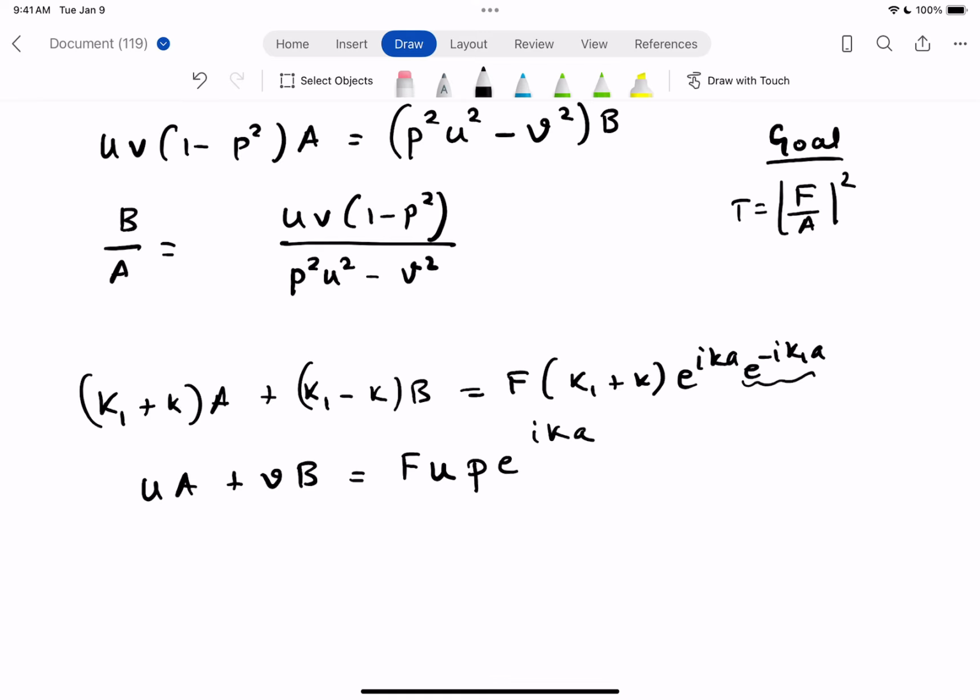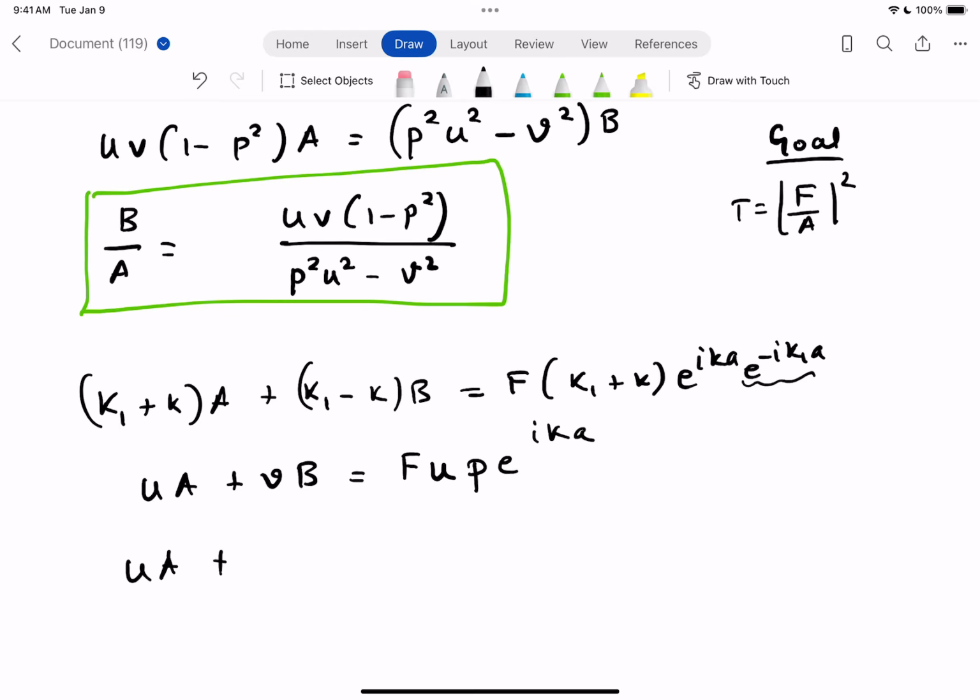So we could get rid of the b by using this equation and write ua plus v. So then there's a v in this green boxed equation as well.